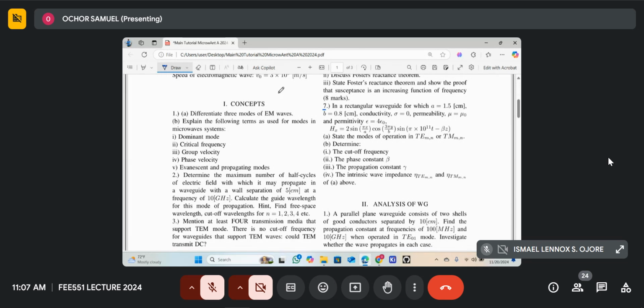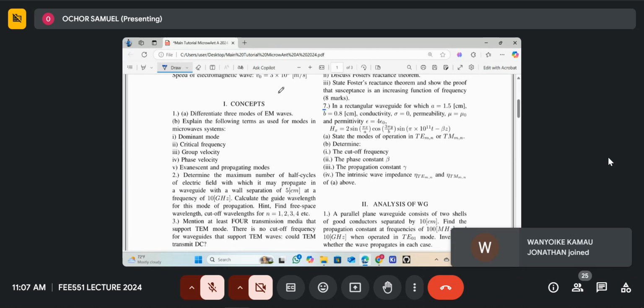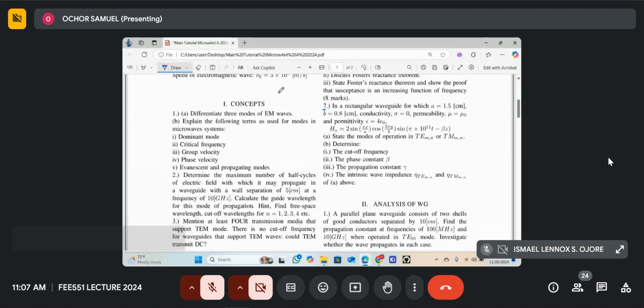So Johnny, what would you say are the modes of operation? M is 1 and N is 3. I'm not sure. So for example, TM 1, 3.